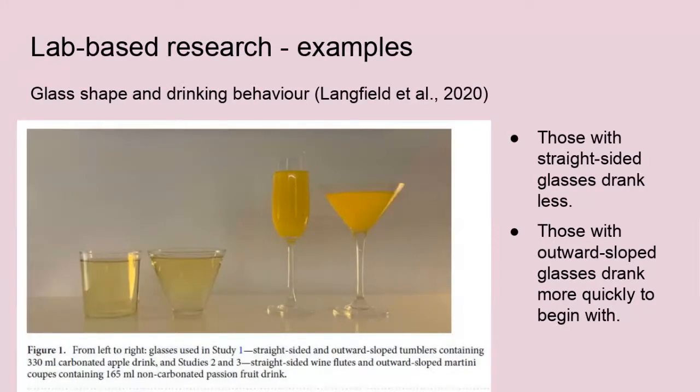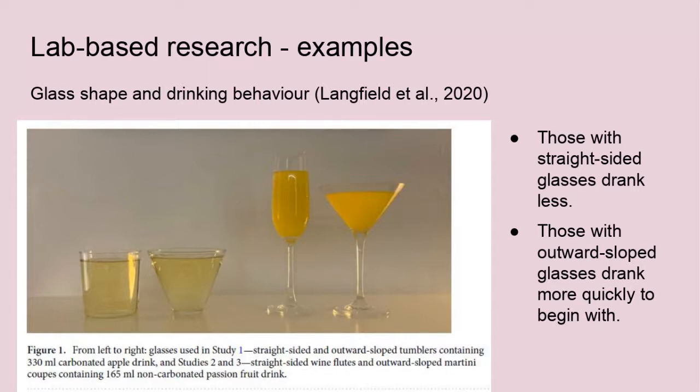Okay, so another example of lab-based research, which is really interesting, is that these researchers actually looked at the shape of a glass. So the glasses were the same size, but when the glass was a different shape, people drank differently. So in the example on the right, the wine glasses, these were all soft drinks, I should add. These weren't alcoholic drinks. But what they found was that those who drank out of a champagne flute, the straight-sided glass, actually drank less than those who drank out of the outward sloping glasses, the cocktail glass.